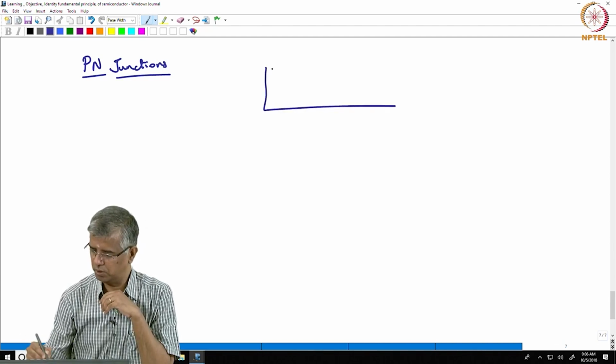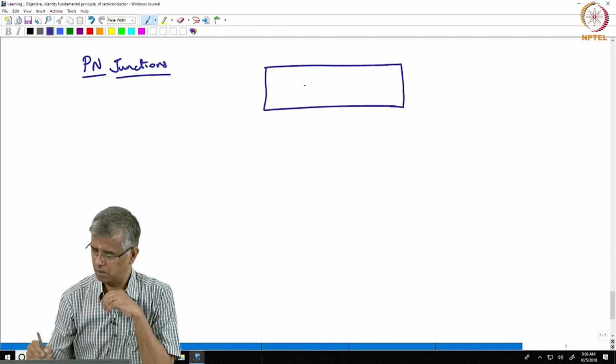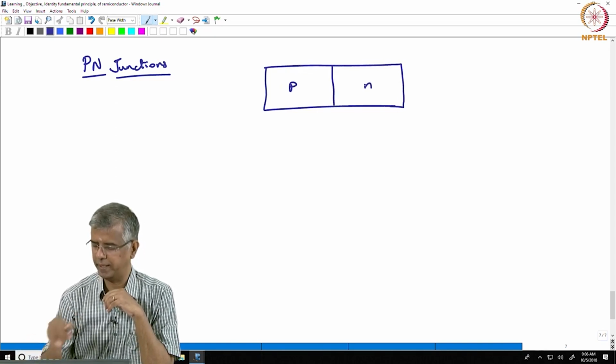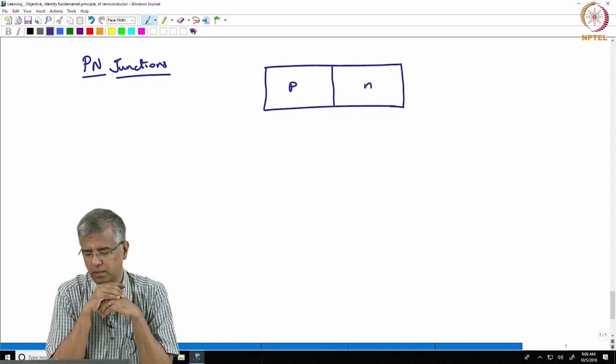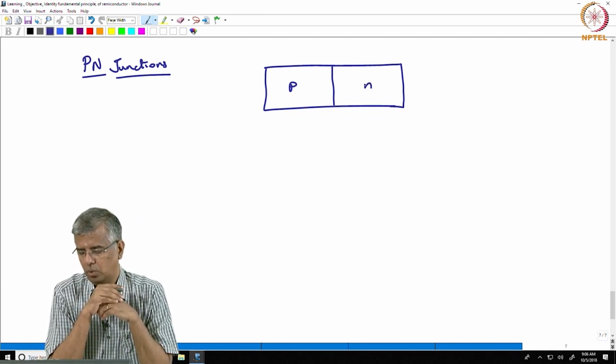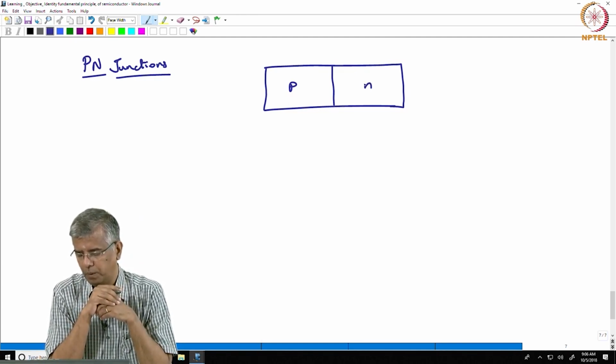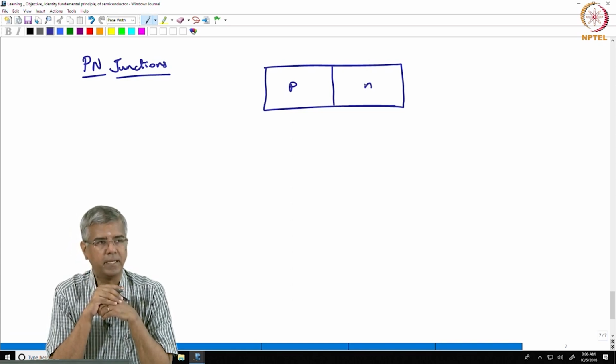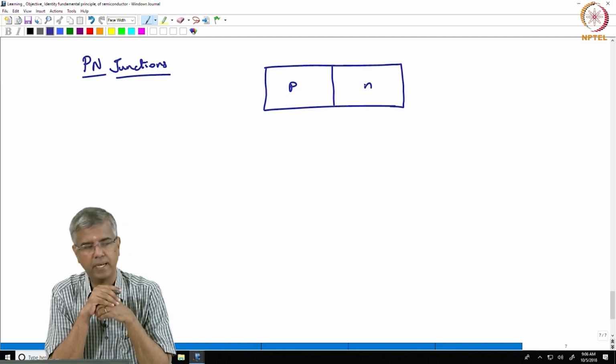Okay, so let's say you have the p-type on this side and the n-type on this side. Okay. Now we know that in the p-type, the majority carriers are holes, and in the n-type, the majority carriers are electrons.